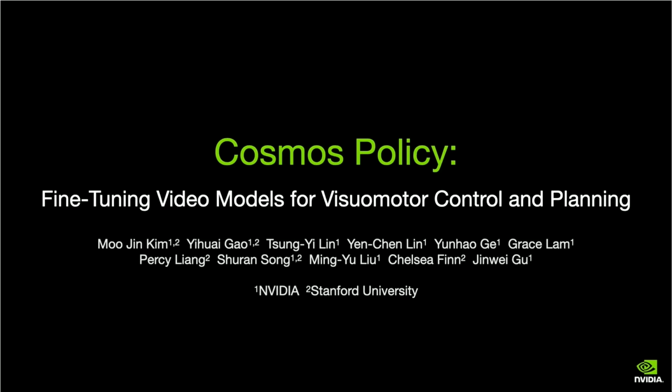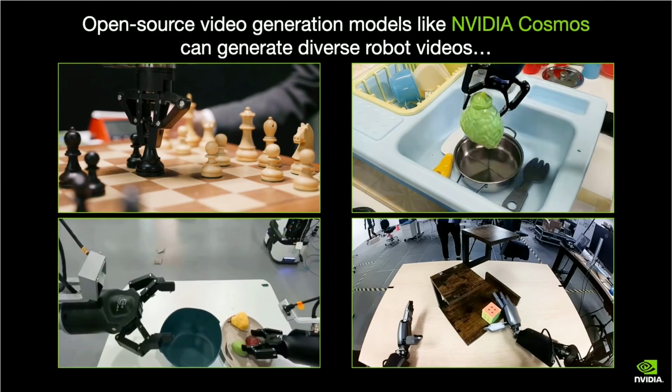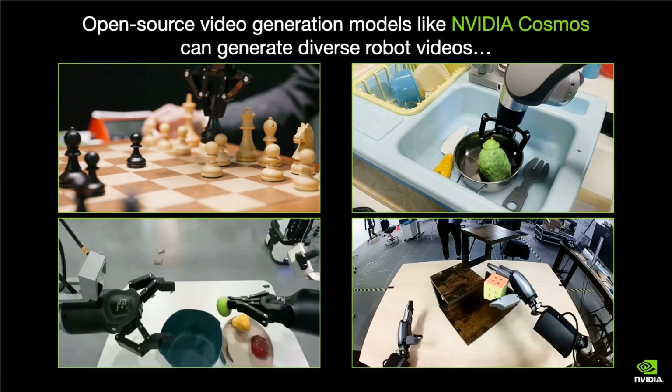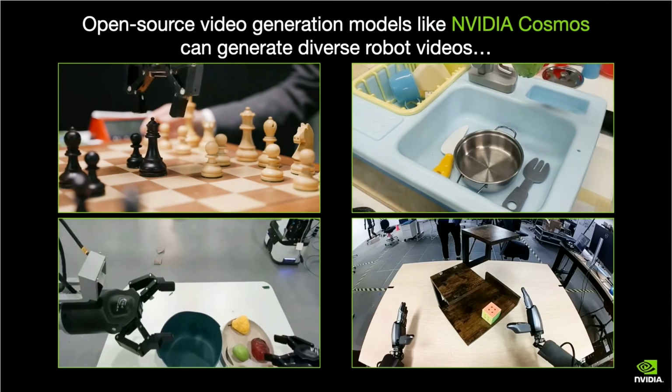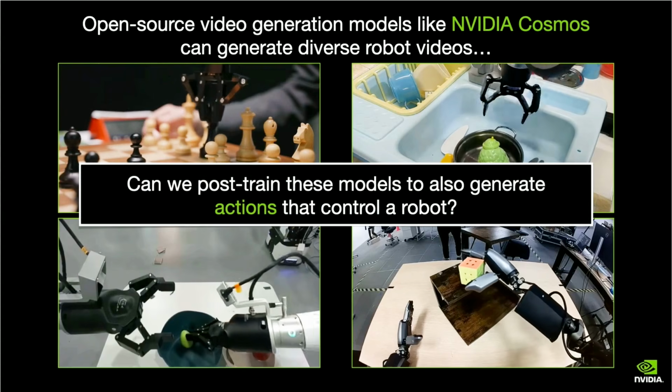Cosmos policy, fine-tuning video models for visuomotor control and planning. Open source video generation models like NVIDIA's Cosmos can generate diverse robot videos given input images and text. Can we post-train these models to also generate actions that control a robot?